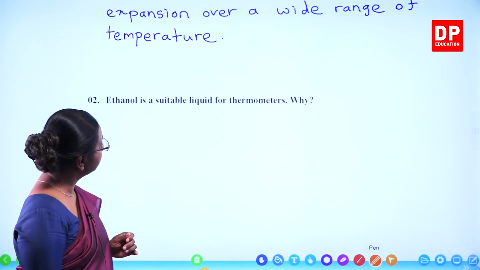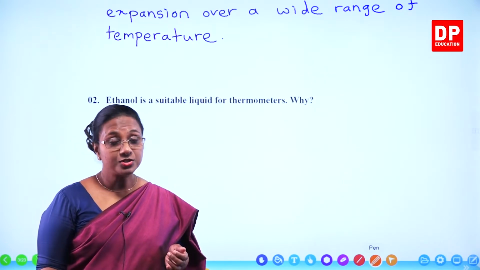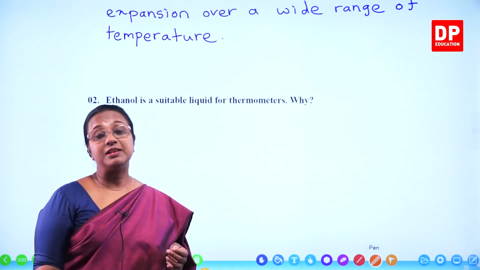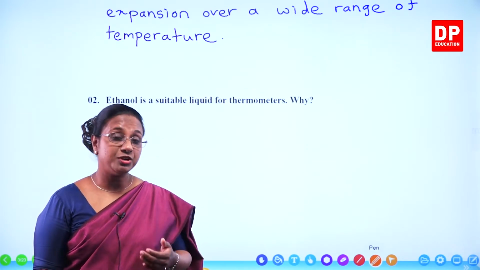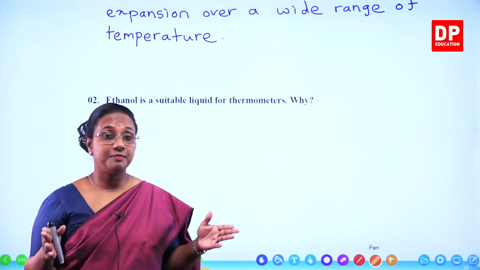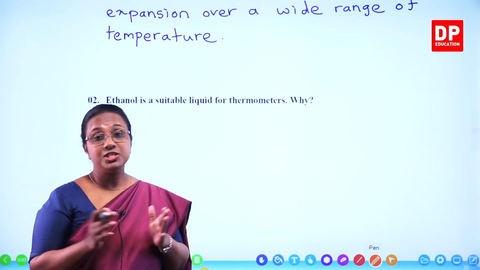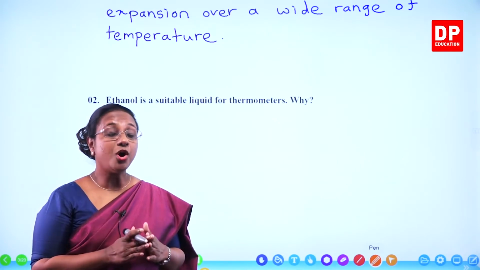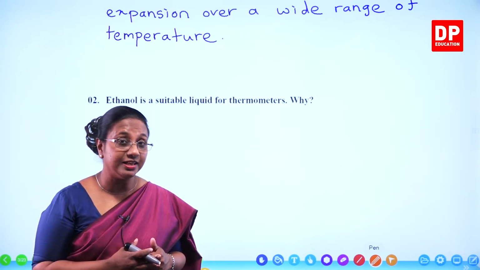Ethanol is a suitable liquid for thermometers. Why? Why is ethanol suitable? Again, a similar reason. It shows uniform thermal expansion over a broad range of temperature, and also, but compared to mercury, the range is not that broad, because you all know alcohol has a boiling point of around 78 degrees Celsius.